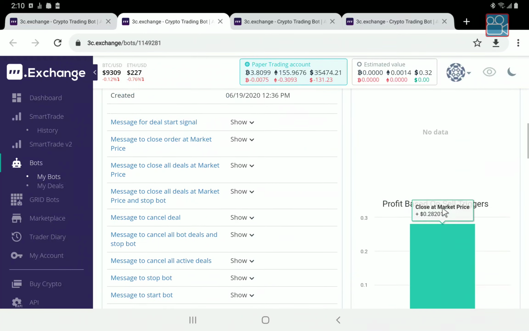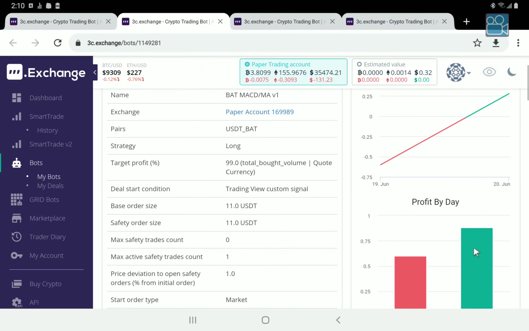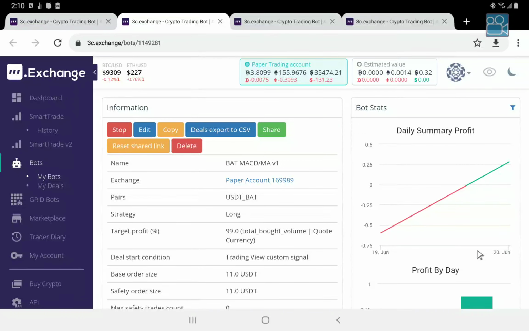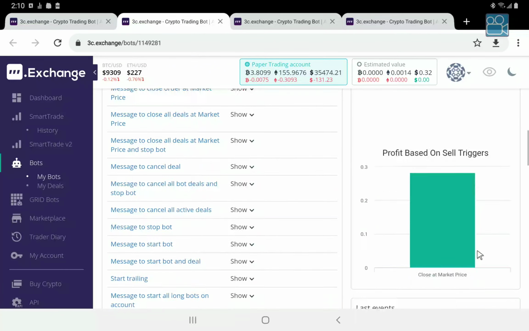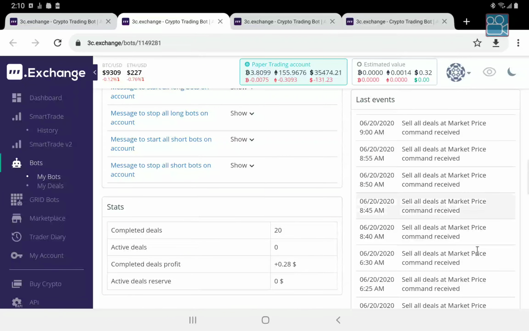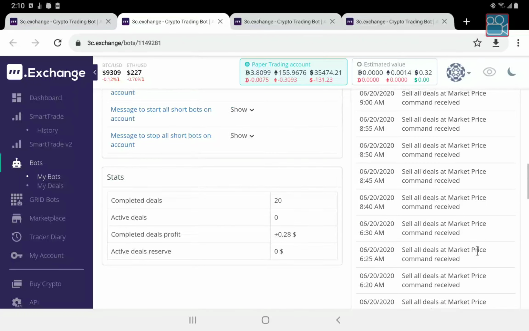Now, the thing to understand about this algorithm, it has a lot of retracement. It purchases a lot more than what the chart shows. 20 completed deals, 20 purchases, but the chart has shown only at best 5.